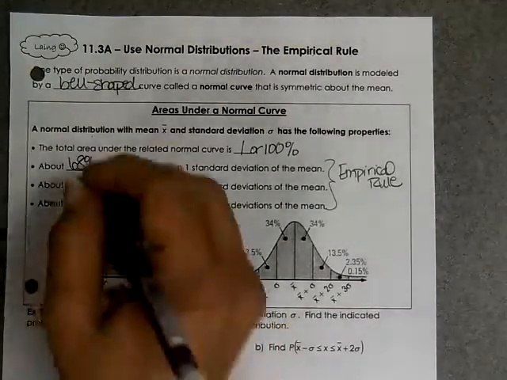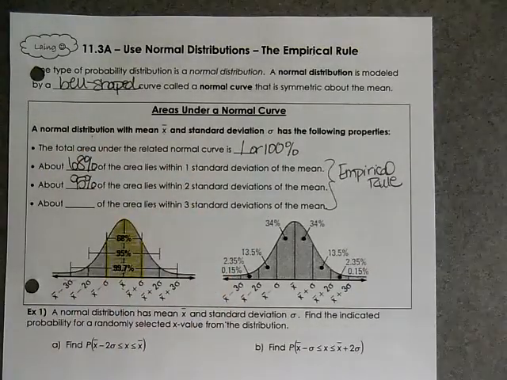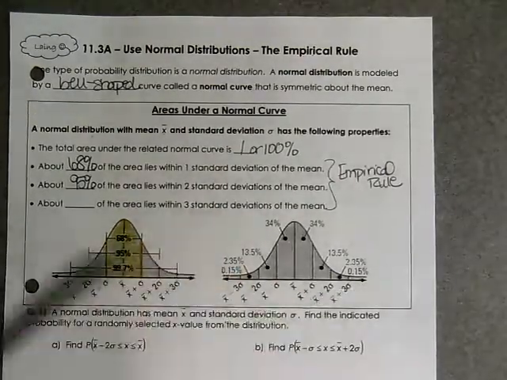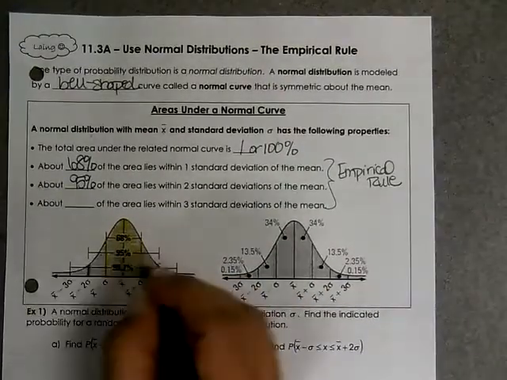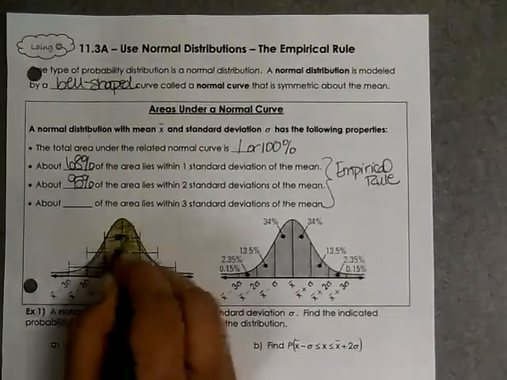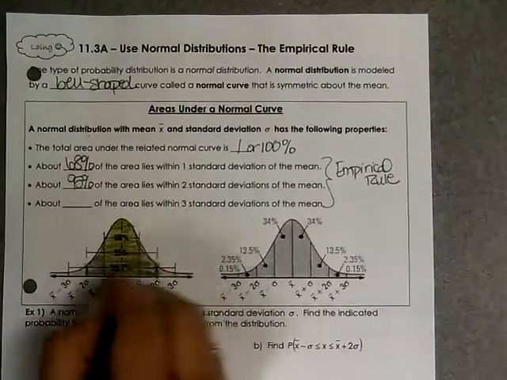Okay? 95% of the area lies within 2 standard deviations of the mean. So if I went 2 to the right and then 2 to the left, and I covered everything, that whole piece would be 95%. Okay?